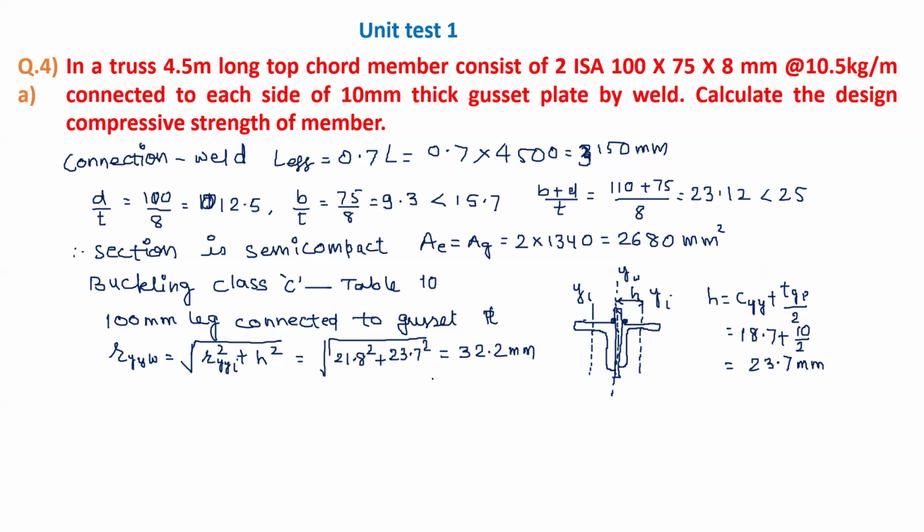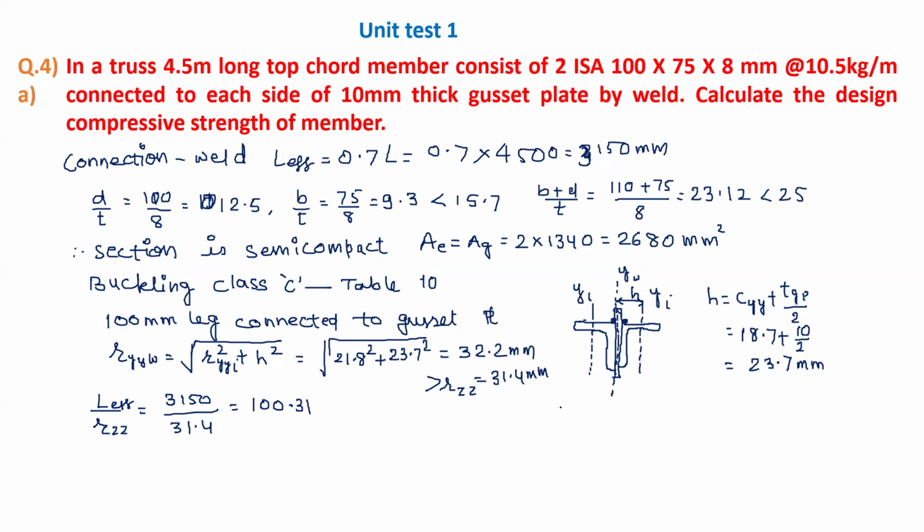And this value is greater than RZZ, which is 31.4 millimeters. So RZZ is minimum, and therefore L effective upon RZZ, which is minimum, is equal to 3150 divided by 31.4. And this value comes 100.31.